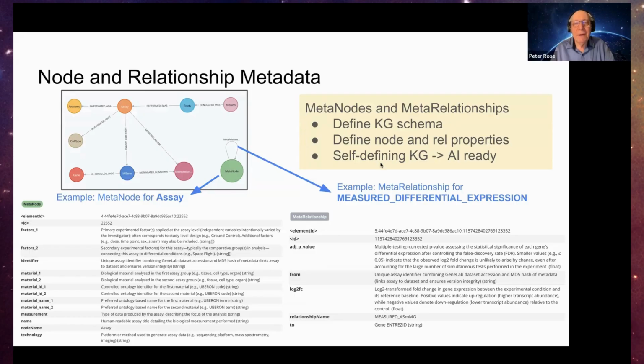So it's basically a self-defining knowledge graph. And the reason why we do that is it makes it AI ready. If you just say log2fc, the LLM may not know what that means, but here we have a definition for that. So that makes it AI ready. Now the AI can understand what log2fc means, for example.